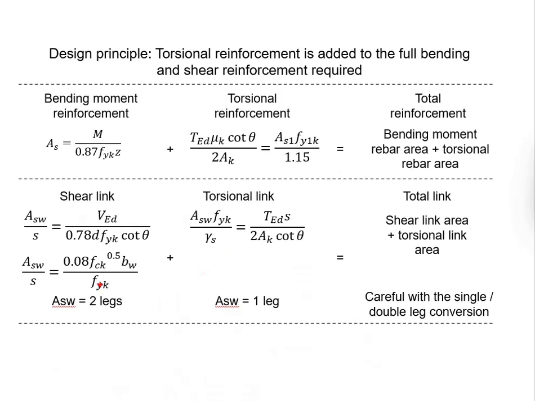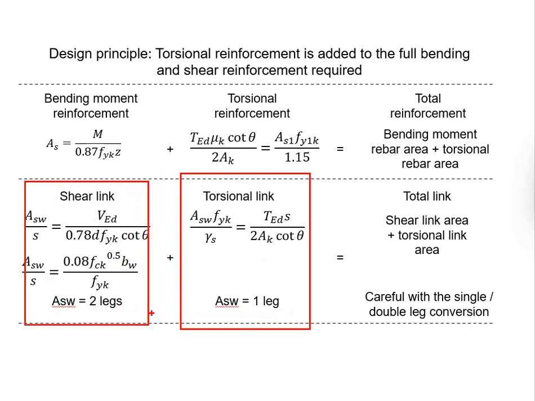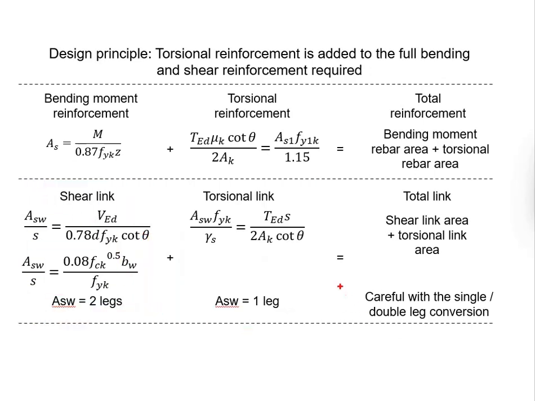This approach is slightly different from the design for the shear link, where the model assumes that two legs are contributing, as the model is analyzed on the basis of the entire section. So later, when you need to sum the total area of the link up, make sure you do some simple conversions between single and double leg for you to finalize the links to be provided in the member.